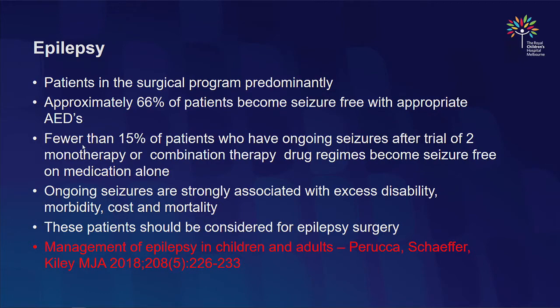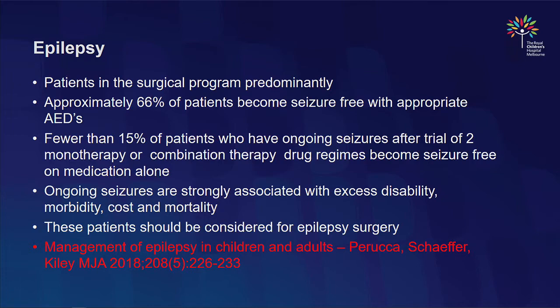But if you do need more, if you fail an appropriate trial of an anti-epileptic drug and then you fail a second trial, your chance of having decent seizure control and particularly becoming seizure-free is less than 1 in 8. So if you fail your first 2 trials of medication and they're appropriate medications for your seizure type, you are likely to have ongoing seizures for life. And as Kevin talked about, that comes with a significant disability and mortality and morbidity cost.